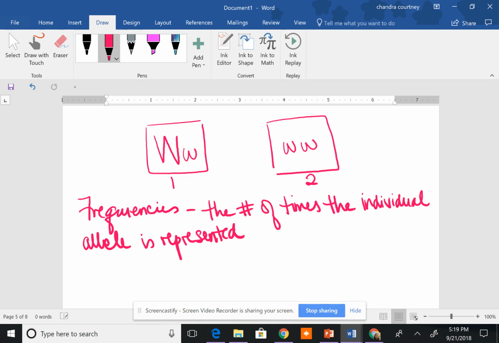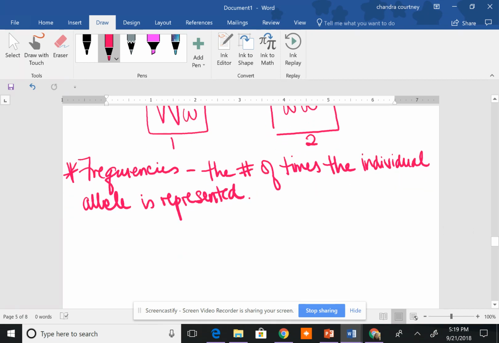Okay, so the number of times the individual allele is represented. It's going to be important that you remember that this is what we're talking about. Okay, so let's break down what our frequencies could be.